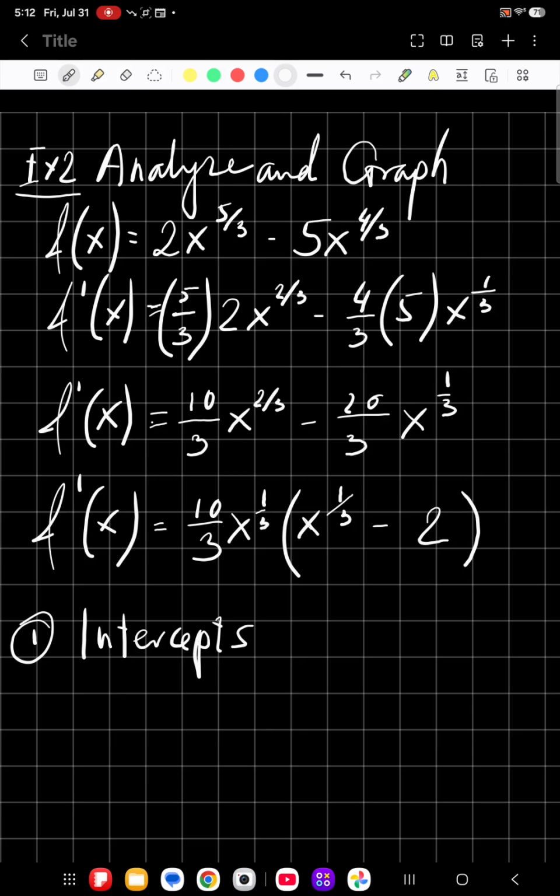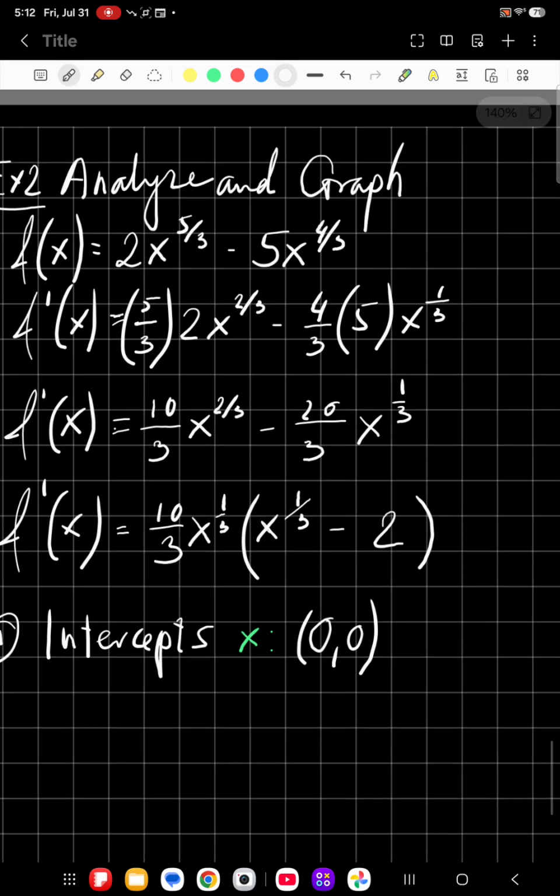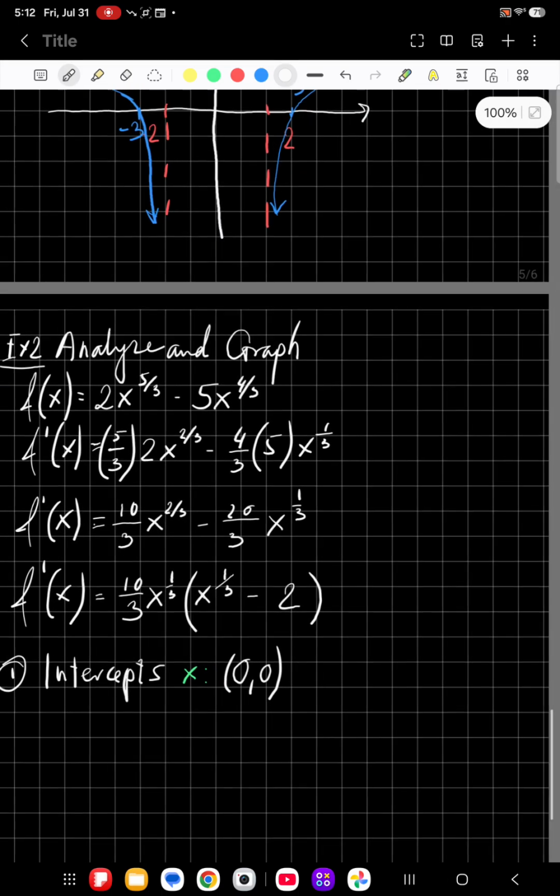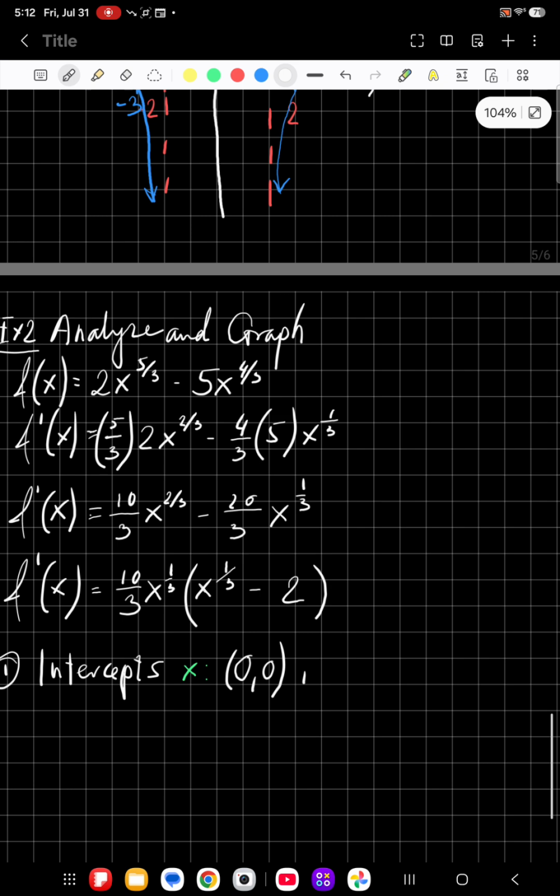Okay, so I strongly recommend you try to solve this. It's not trivial. I'll show you in a moment. 0, 0, and 125/8.